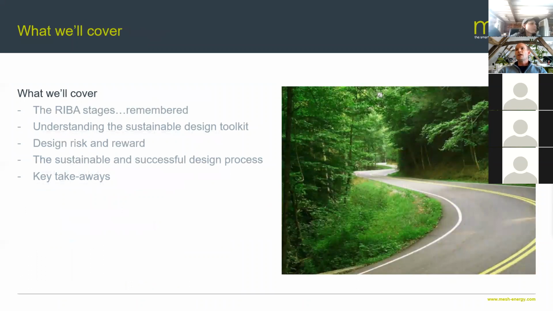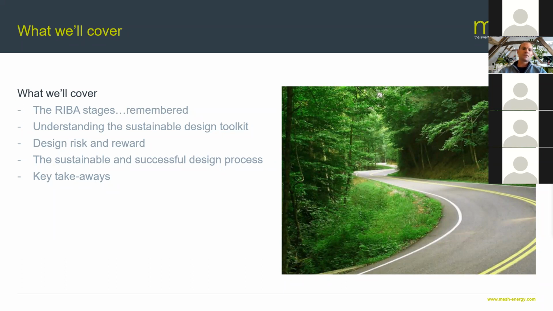So folks, we are going to cover the following areas today. I'll try and speak for maybe 40-45 minutes, then we'll leave about 10 minutes for questions at the end. We're going to have a look at the RIBA stages again. Hopefully all of you are familiar with them. Whether you are or you aren't, we are going to remind you of those, and particularly how sustainability impacts those various stages.